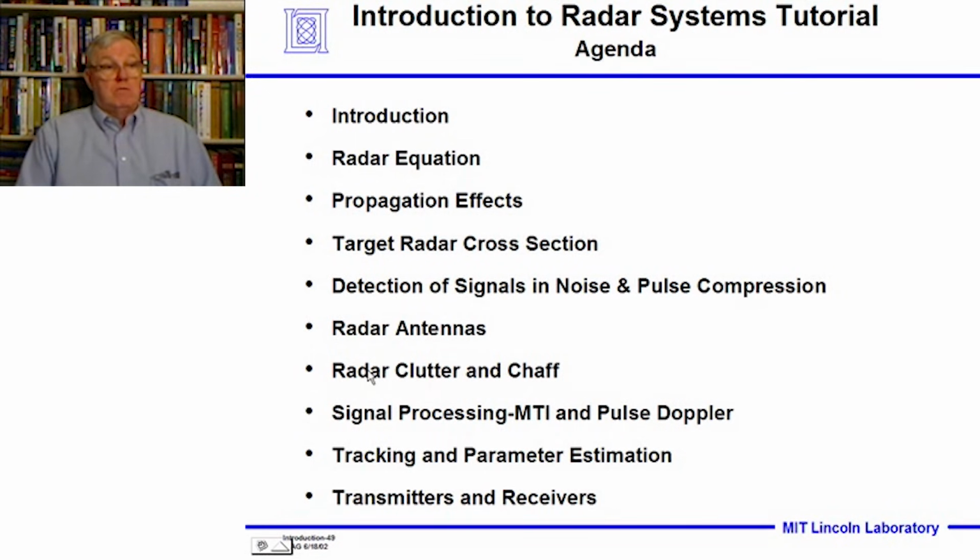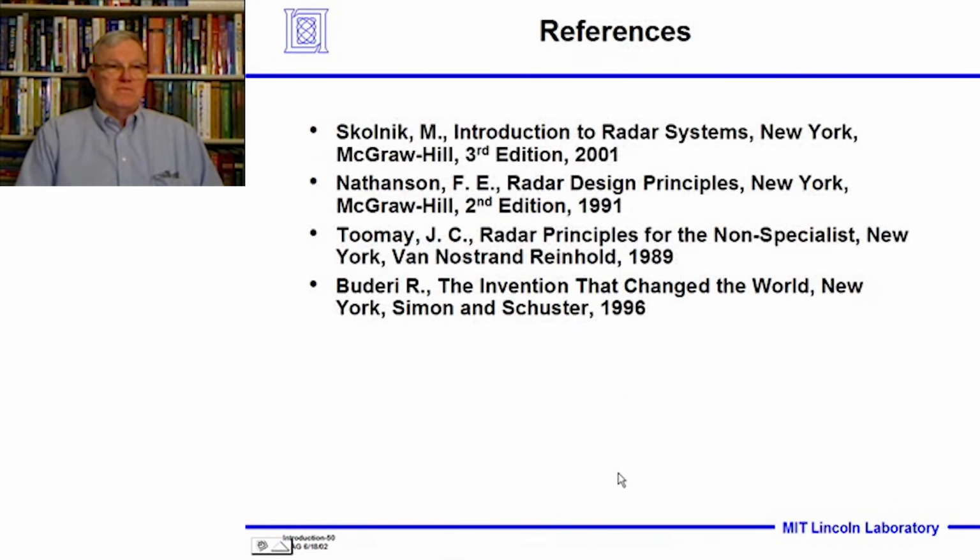Antennas, radar backgrounds, that clutter we just talked about, and chaff, and the different ways we do signal processing, so-called moving target indicator, and pulse Doppler techniques. These are techniques of rejecting clutter and seeing targets in their presence, then tracking and parameter estimation of the targets, followed by a lecture on transmitters and receivers. Okay. And here are some different references.